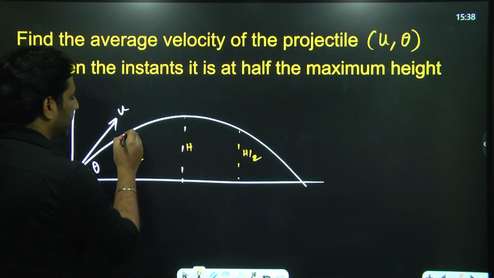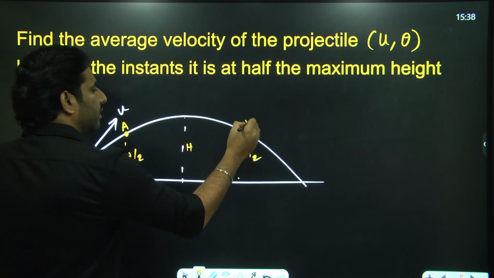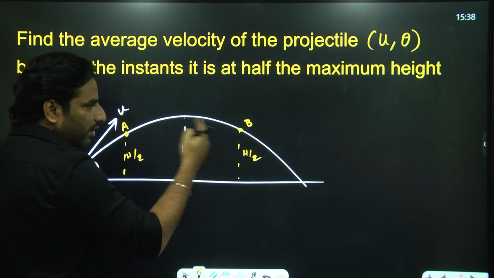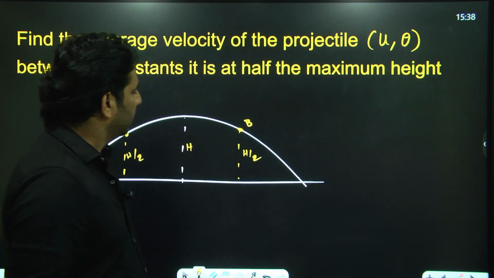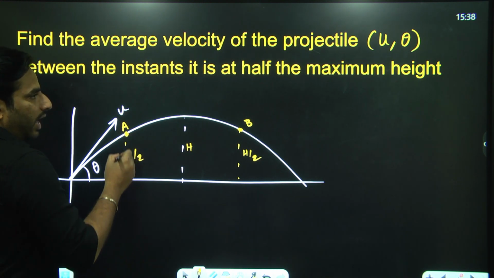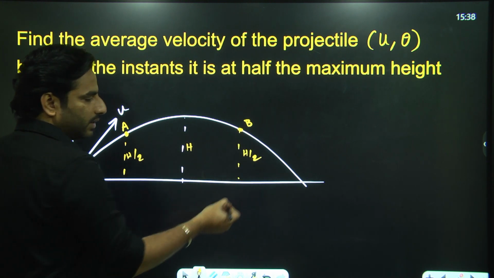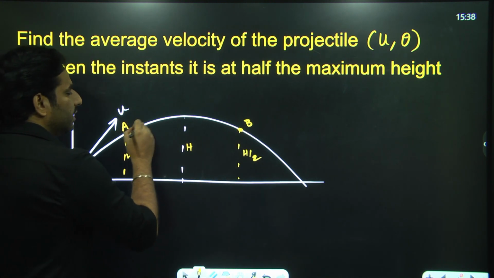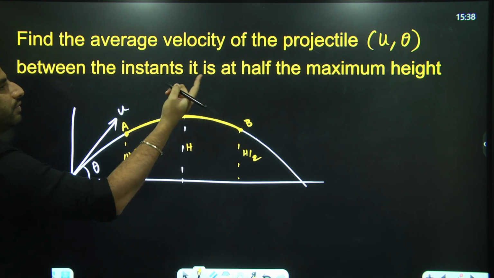Say this is happening at instant A, this is happening at instant B. While ascending, it crosses the point where the height is half the maximum height. Again, during descent, it crosses another point where the height is half the maximum height. Between these 2 instants, you are supposed to find the average velocity of the projectile.